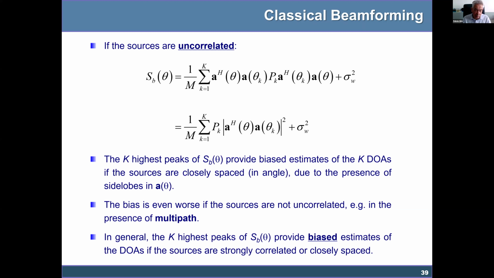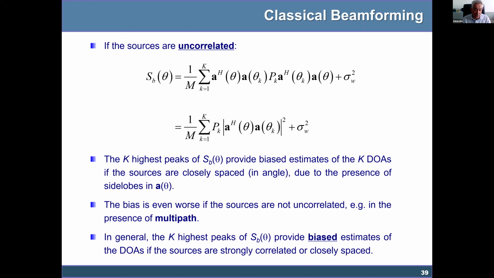And this is true especially if some sources are close in space and they have different powers. This is due to the presence of side lobes. So the side lobes introduce a bias in the estimate.